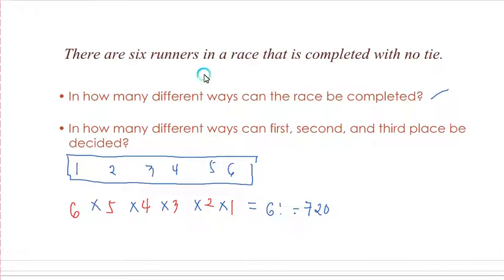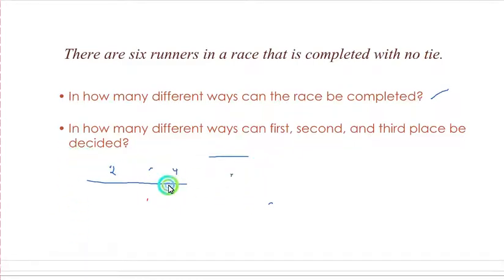Okay, so next one, for the second question, how many different ways ang aton nga first, second, and third place be decided? Since ini nga question, may ara kita grouping nga gina-consider. So first, second, and third. Ang aton nga formula for this one is the permutation of 6 runners taken 3 at a time.